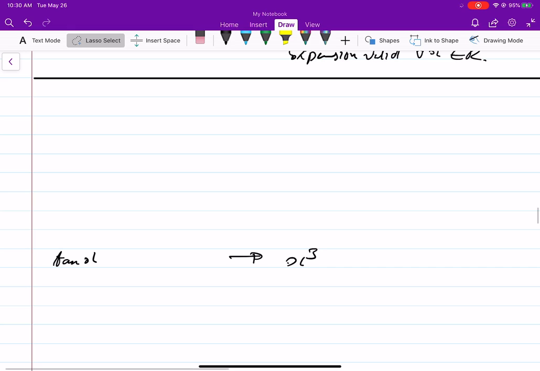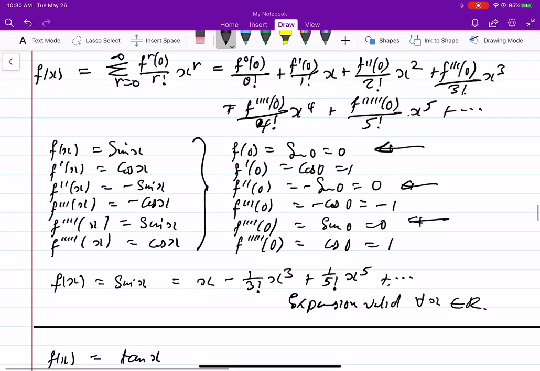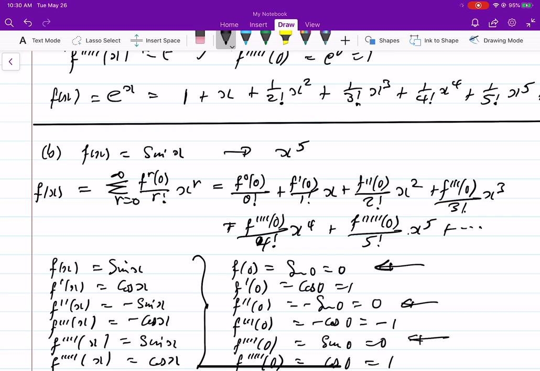Tan x. And I'm supposed to go up to x to the 3rd power. f of x is equal to tan x. So if I were to write out the series expansion, it would be this one here, which I refuse to rewrite, so I'll just copy and paste.